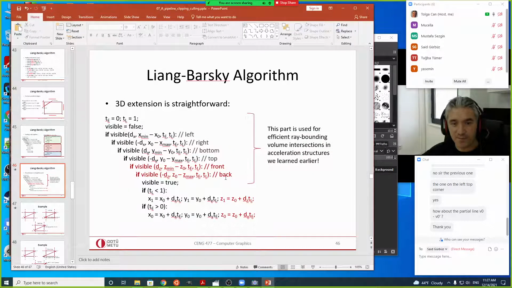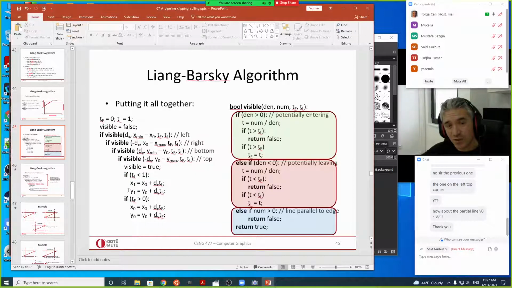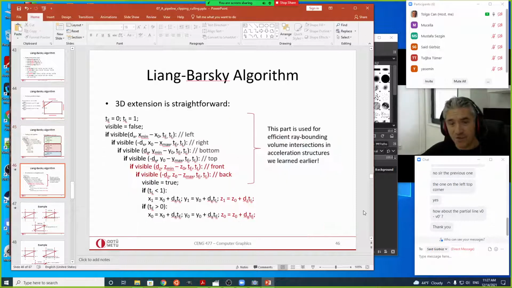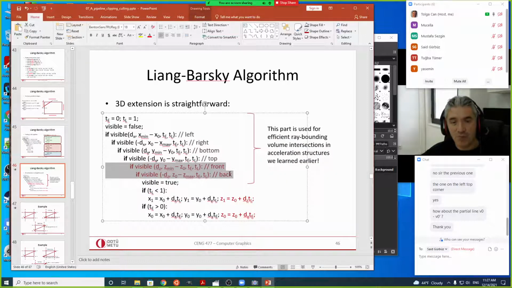Okay, so in 3D, its extension is also very trivial. Another good thing about Liang-Barsky is that since it's entirely based on parametric line equations, we can just add the z component easily because it's just another equation in the parametric line equations.